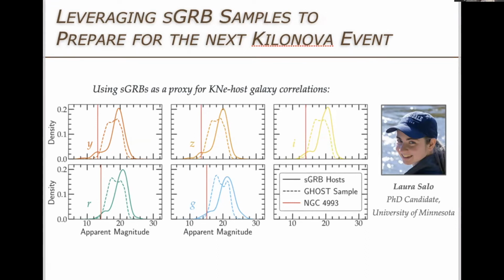So for this class, we, being myself and Laura Sallow, a PhD candidate at the University of Minnesota, consolidate a sample of short GRB host galaxies, which we then use as a proxy for kilonova host galaxies, under the assumption that they occur in similar environments based on the association of the two types of transient class from GW170817. This allows us to use the photometric properties of sGRB hosts to construct a kilonova weight map and encode correlations for this transient class in a synthetic sample.